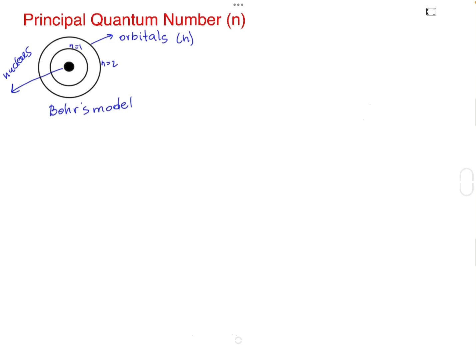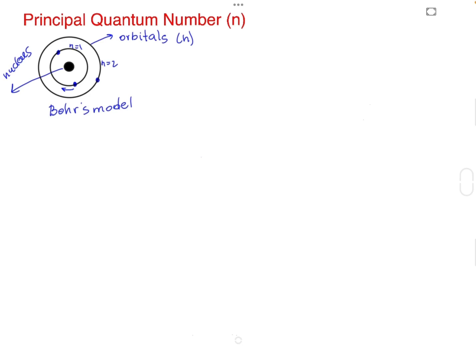So basically the principal quantum number tells us the energy level of the electrons and their average distance from the nucleus. We have this electron running around the nucleus in a circular motion, and each orbital contains a maximum of 2 electrons.